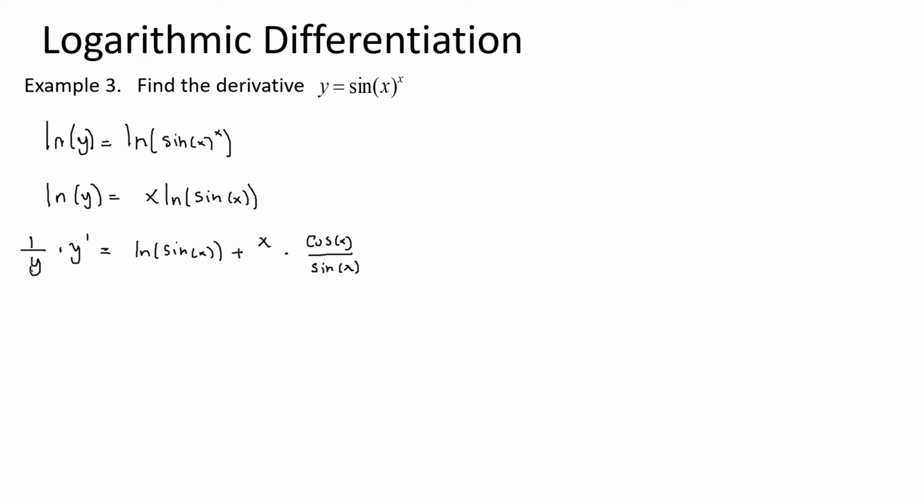Now we're going to move the y to the other side by multiplying. So y prime is equal to ln of sine of x plus x times cotangent of x, and this everything is going to get multiplied by y.